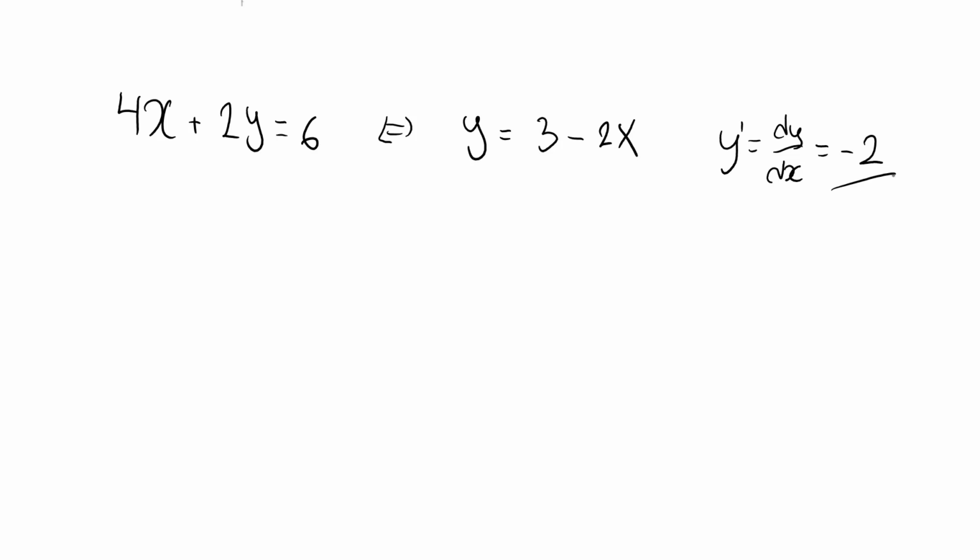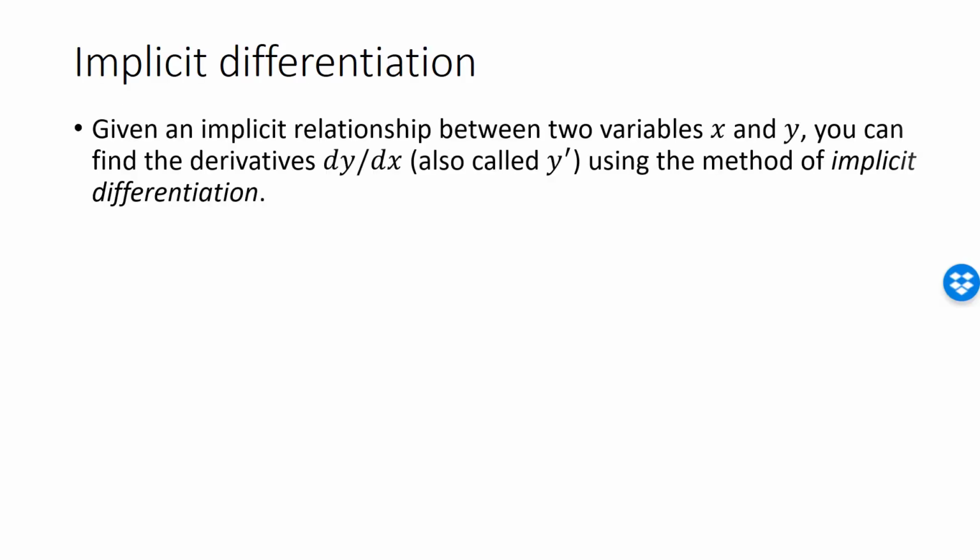However, in many cases, turning an implicit relationship into an explicit one forces us to solve an equation analytically, which can be difficult and in many cases impossible. Therefore, in this lecture, we will discuss an alternative method called the method of implicit differentiation.